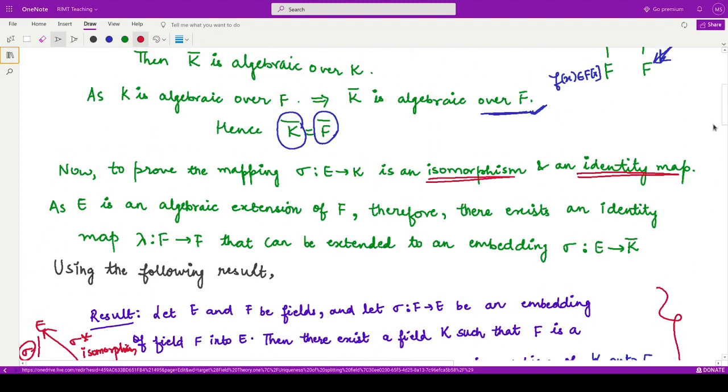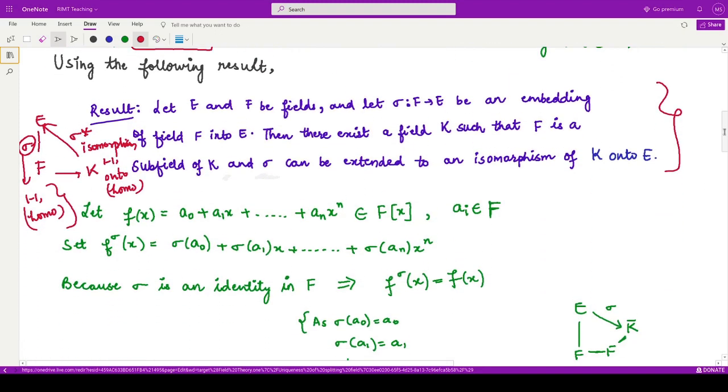Here, to prove that the mapping is an isomorphism or an identity map, we do the following. As E is an algebraic extension of F, there exists an identity map from F to F that can be extended to an embedding of E into K bar, using the following result.